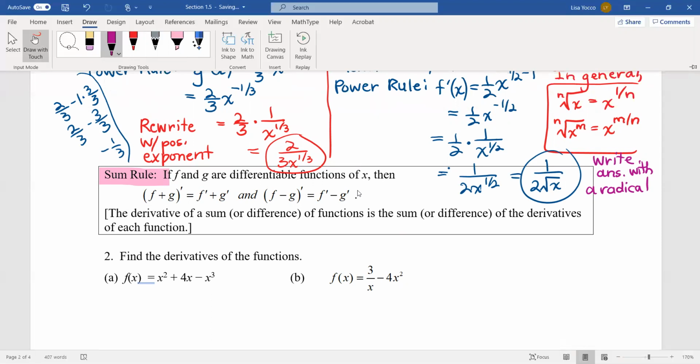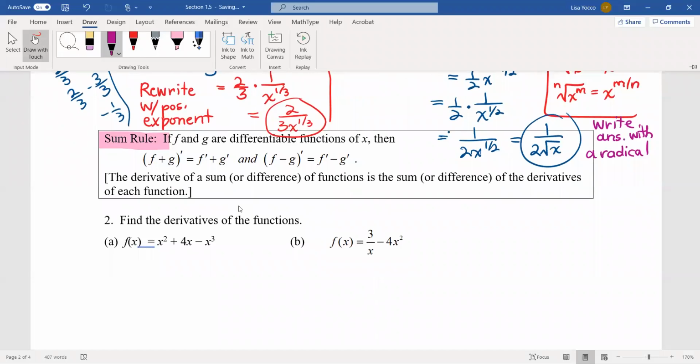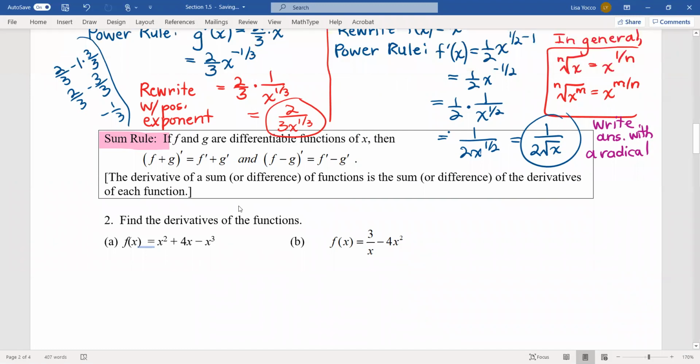So the two examples that you see, this is what we're talking about. In part A, x squared is a function, plus 4x is a function, minus x cubed. There's three functions there that are added together. All right. So the sum rule says you just get each derivative separately and take their sums.